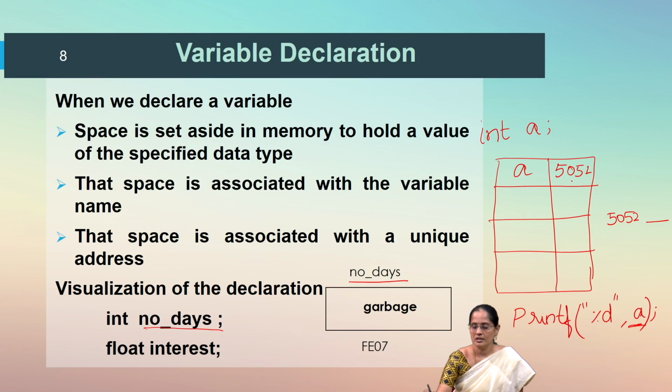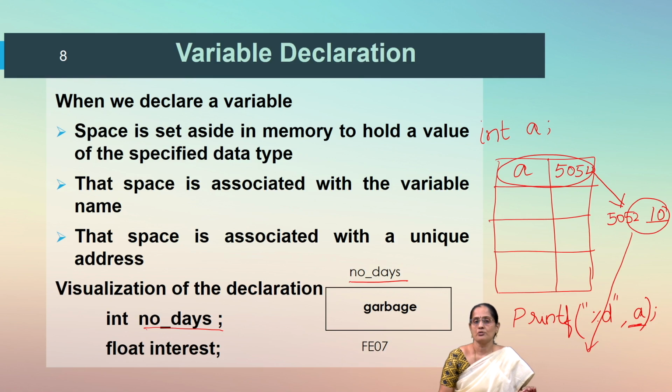When it is able to fetch this address, the compiler can get into the corresponding memory location and fetch the value stored there. It immediately finds the memory location 5052, checks the value stored in that location, fetches that value, and it is displayed through the printf statement. This is what is actually carried out in a C compiler.